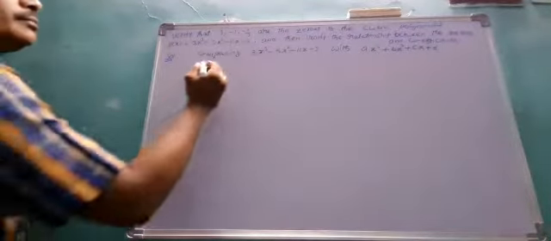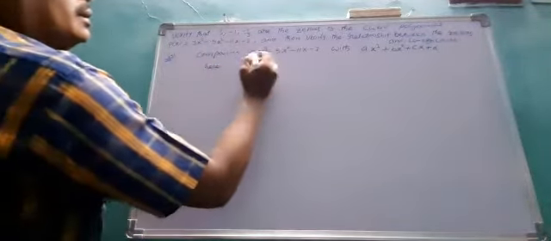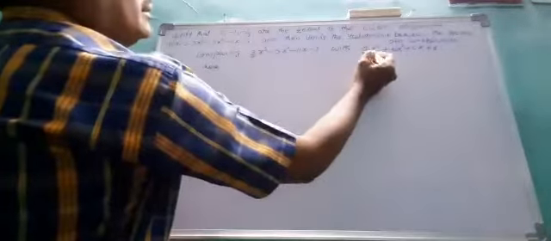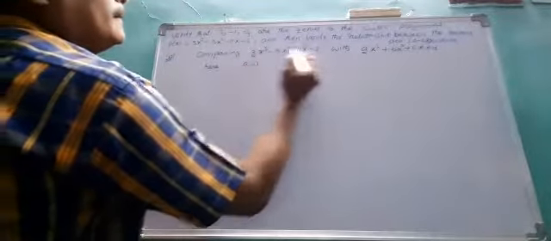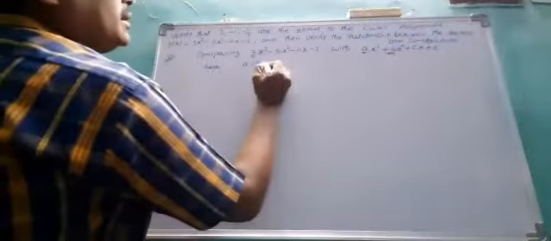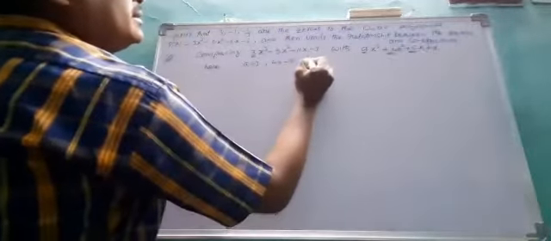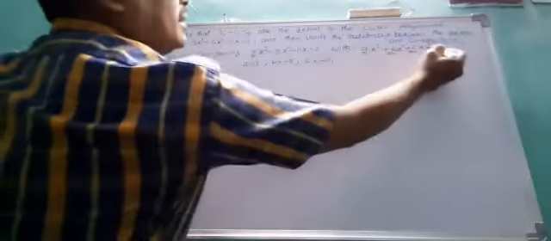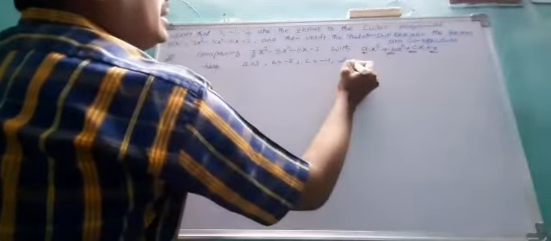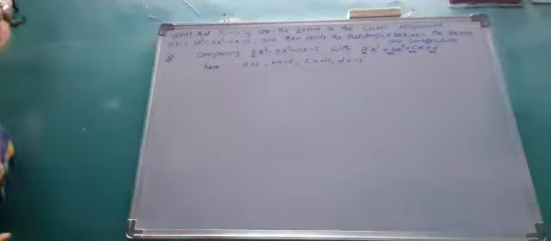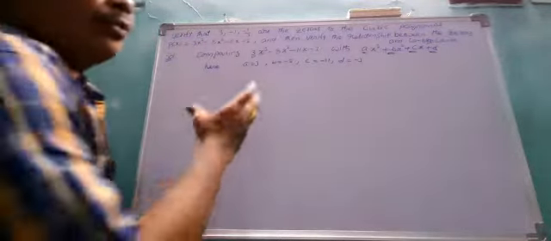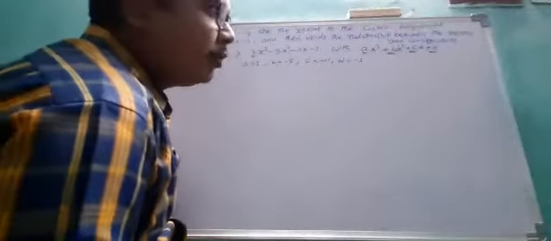Here x cube coefficient a equal to 3, x square coefficient b equal to minus 5, x coefficient c equal to minus 11, and constant term d equal to minus 3. Okay, now we have to verify whether the given three values are zeros of the cubic polynomial or not.